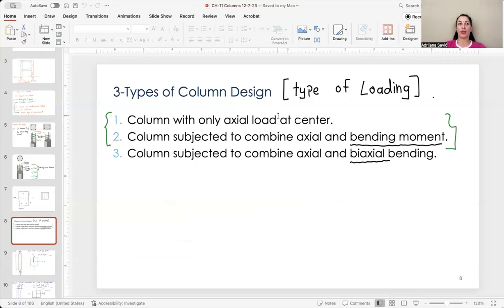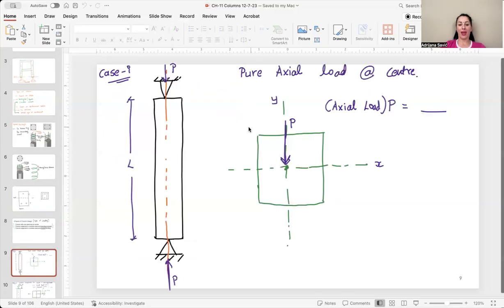Firstly, a column only subjected to axial load at the center. Then, columns subjected to a combination of axial load and bending moment. And the third type, columns subjected to combined axial load and biaxial bending. In the first case, we have pure axial load at the center, so the column is subjected only to compression force, and we need to think only about slenderness.